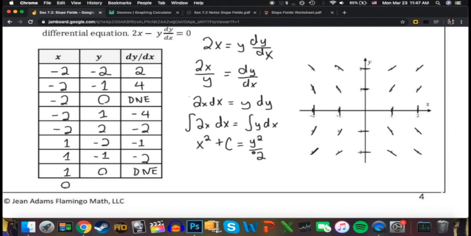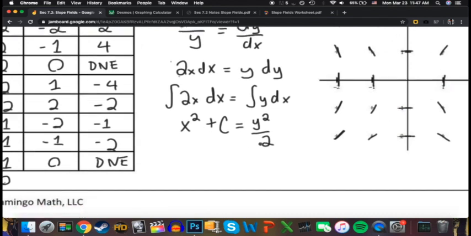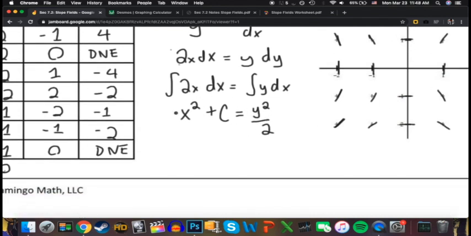And notice here, since you have an x and a y variable, it may be a good idea to move both variables to the same side of your equation, particularly when they're squared, because this is going to relate to a function that you learned back in analysis. So we have y squared over 2 when we subtracted it from both sides. We can also subtract this c over to the other side, so we get a negative c.